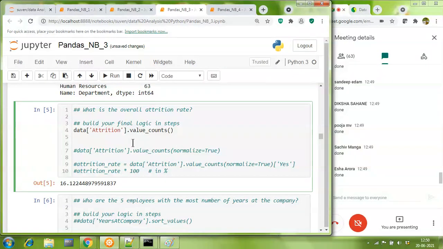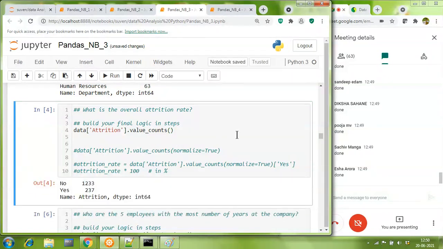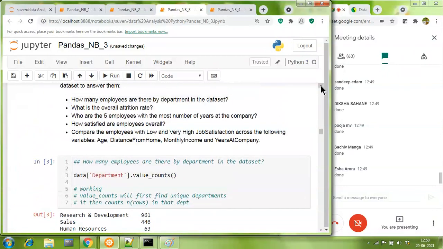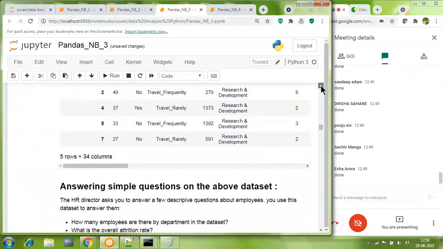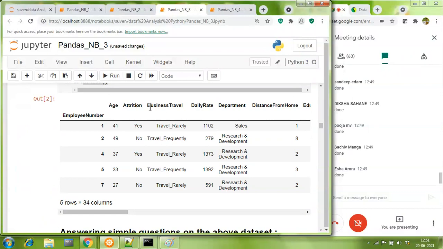I'm commenting all the steps and just keeping the first step. I do a value counts over attrition. The attrition column is already existing in the data set. If you're still confused, let me show you the data set once again. See, there is a column called attrition. So I have the age of the employee.